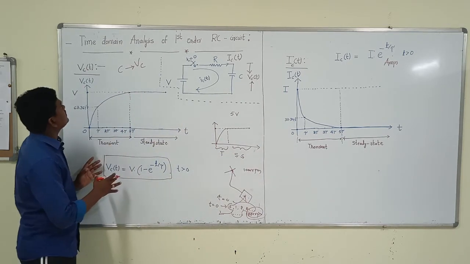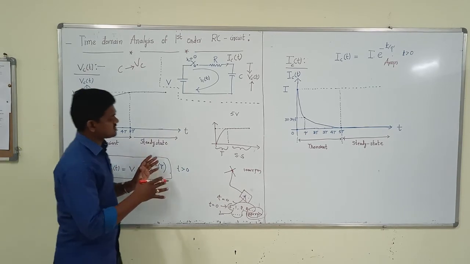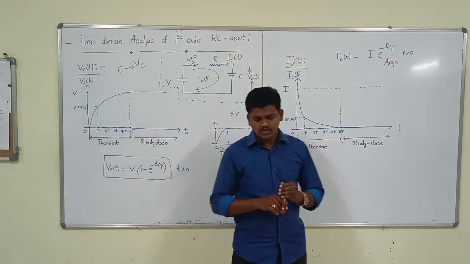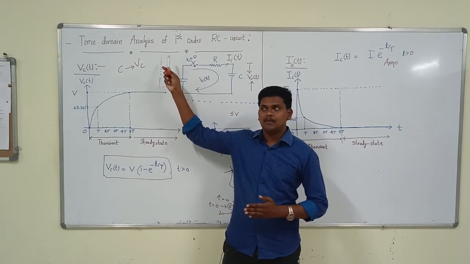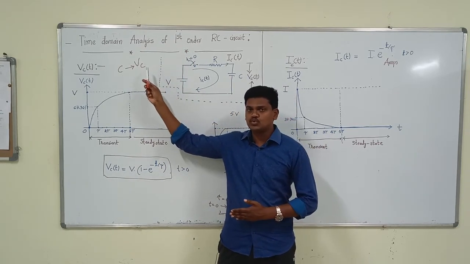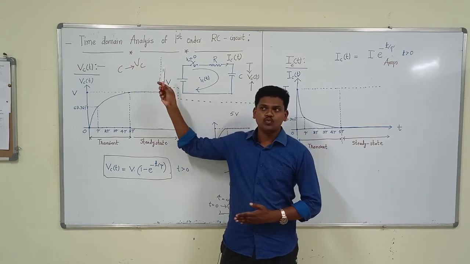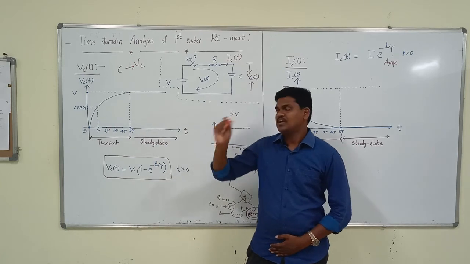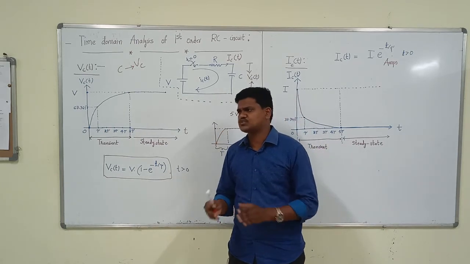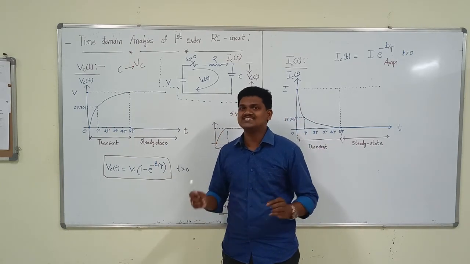This is regarding the time domain analysis of the first order RC circuit. Finally, time domain analysis means varying the time from 0 to some particular value and discussing how the parameters of the particular element behave. In the case of a resistor, it is only fixed; there is no transient analysis and no steady state analysis.